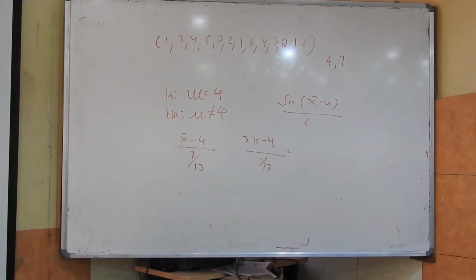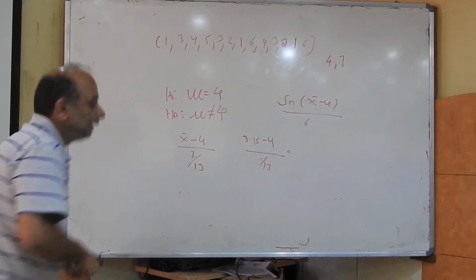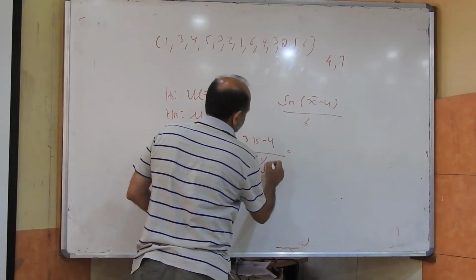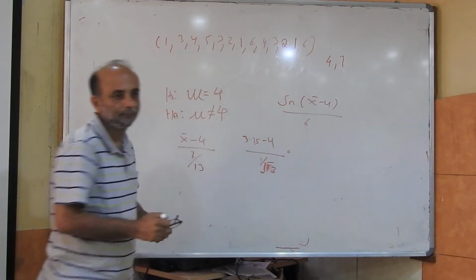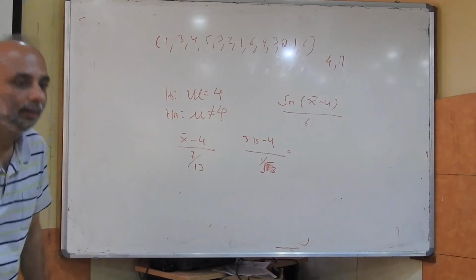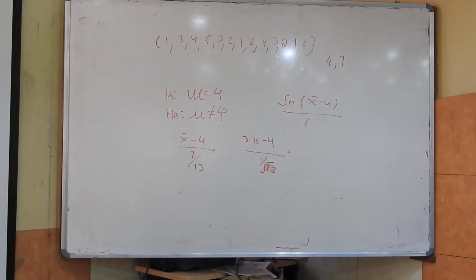It can only be one number. That's 7 by 13 in the denominator, right? It has to be root n, isn't it? We have taken root of sigma square, but sigma square upon n, so sigma upon root n. So root 13.